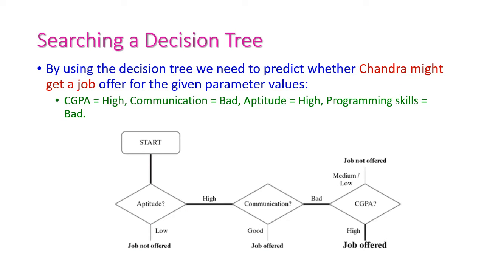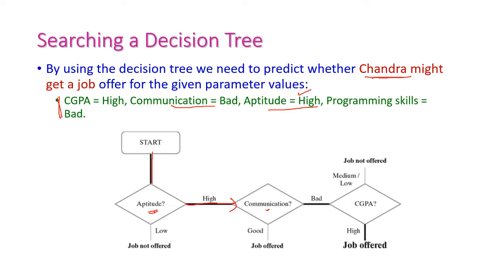With the above diagram, let us try to find whether the student Chandra will get the job or not. This is the given data for Chandra. First, we need to check aptitude. Aptitude is high. Next, we need to check communication.